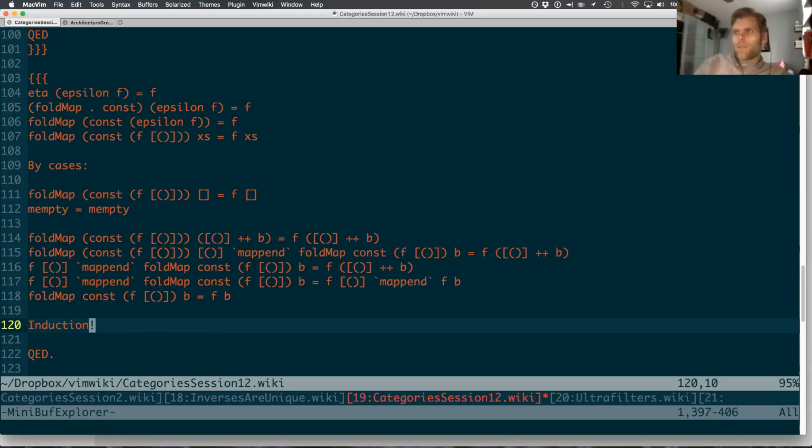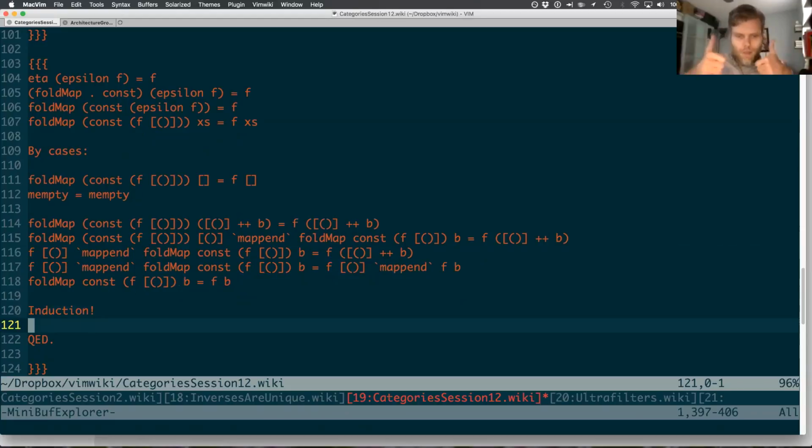And so we appeal to induction and say that we can keep doing this until we get to the empty list, until b is empty. And we're done, right? So it just proceeds by induction on the natural numbers. And we have to appeal to the homomorphism law.